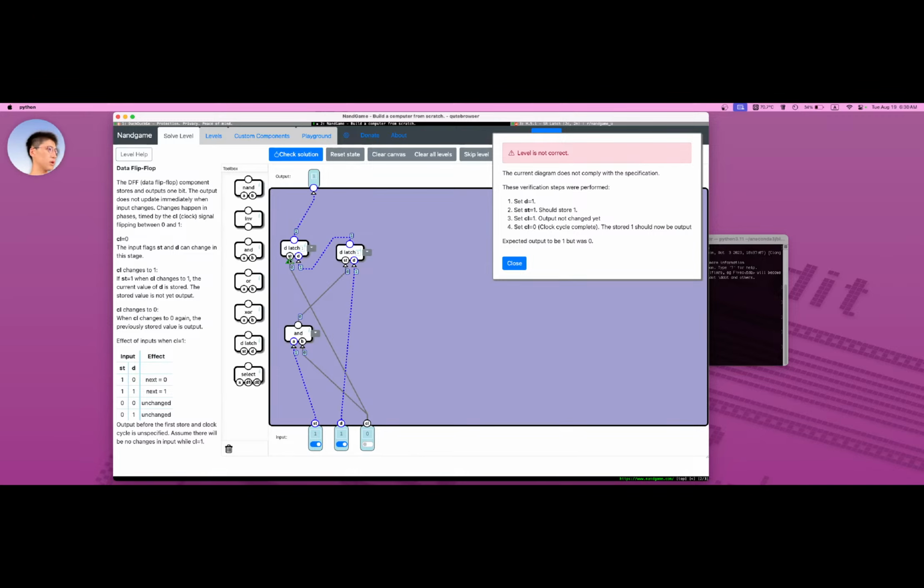So here it says that when clock is 0, we can store anything. What if then we can just use OR value and use this guy and this guy?